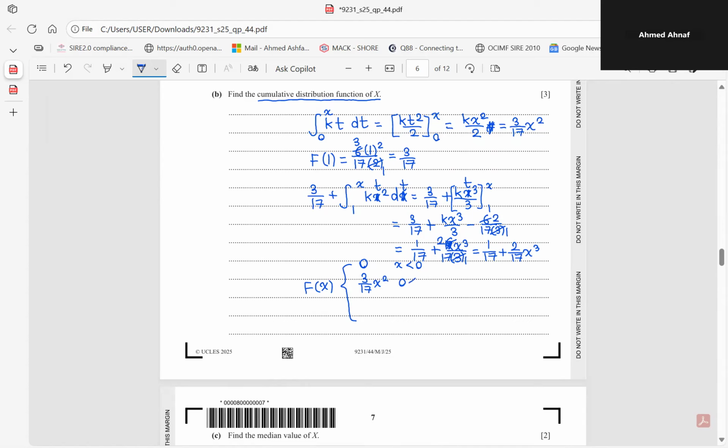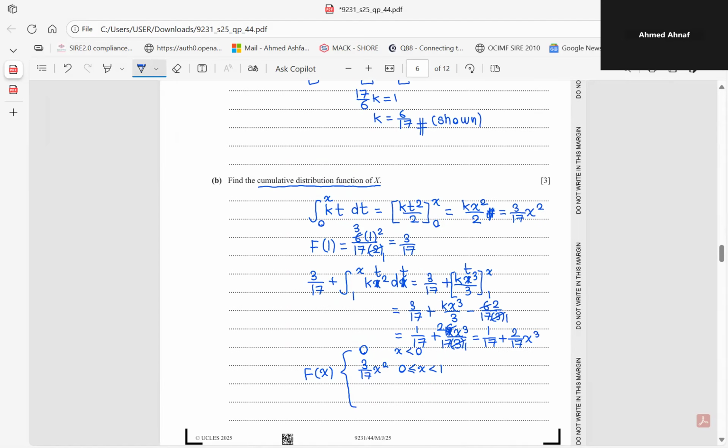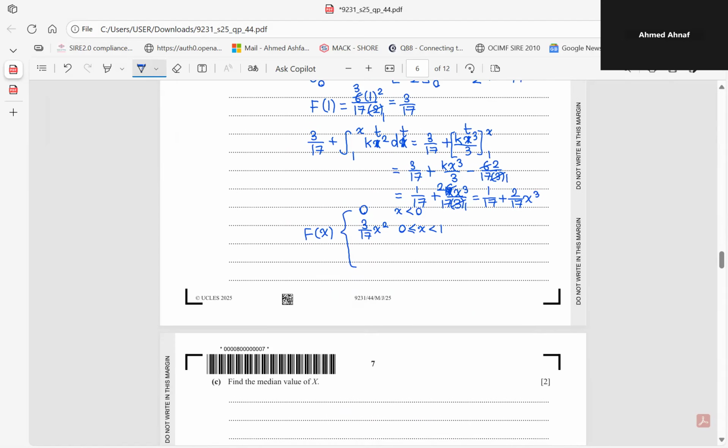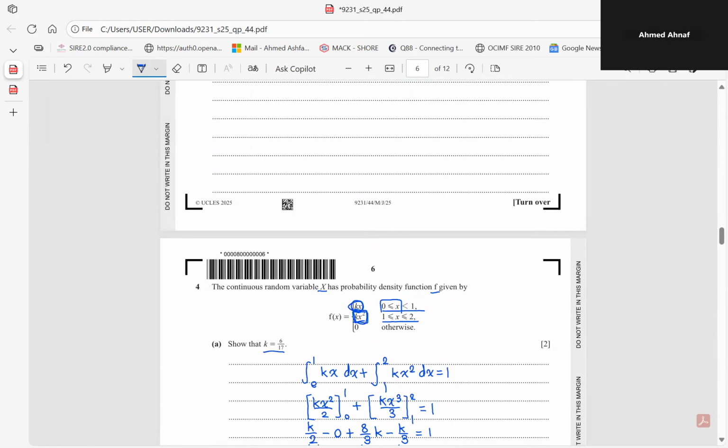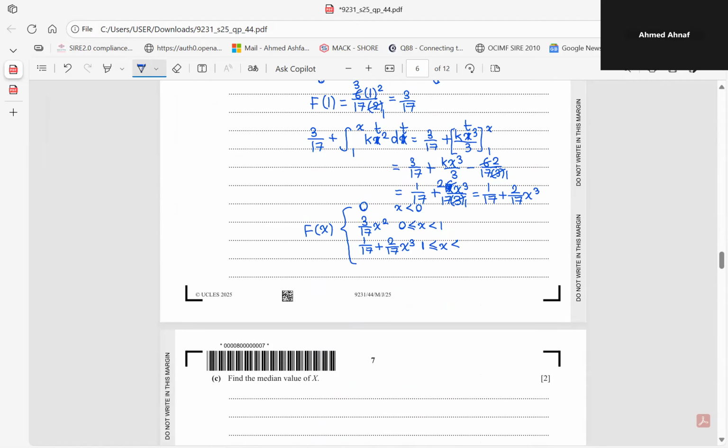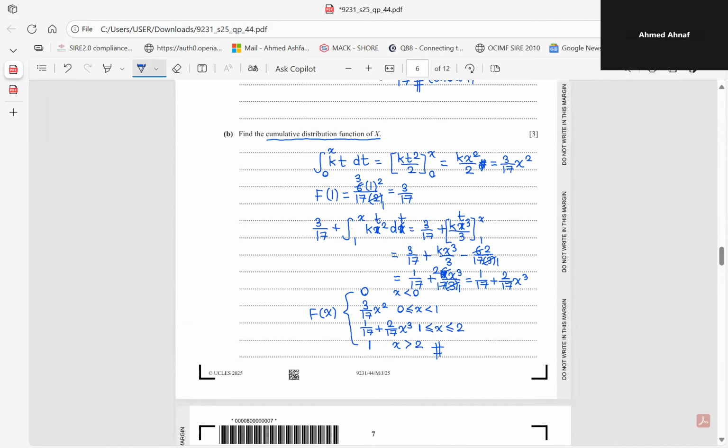That is for x between 0 and 1. And then we have 1 over 17 plus 2 over 17 x cubed. That's for x between 1 and 2. And then finally, you write down 1. That's for x more than 2. All right, so this would be our final answer for this second part of this question.